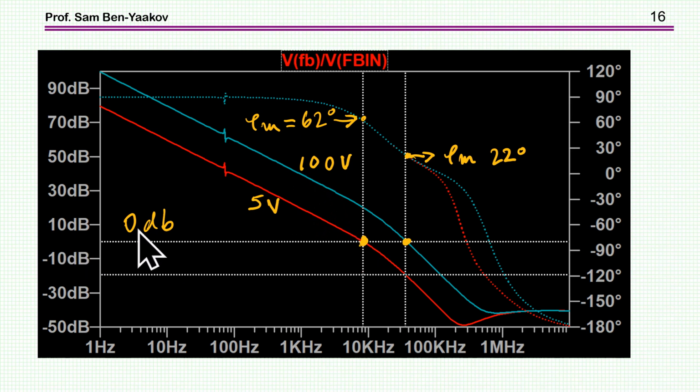So this is now the 0 dB, and here is the phase margin of the system with 5 volt supply, and here is the phase margin of the system with 100 volt supply. Obviously, as we move this way, the gain is higher, and if the phase is going down, then the phase margin is, of course, becoming smaller. Here we have 62, and here we have 22.